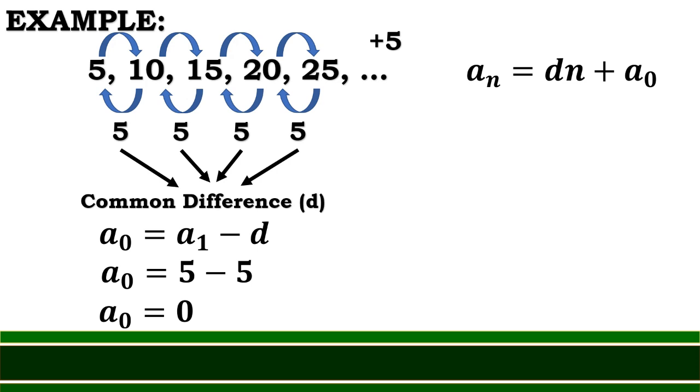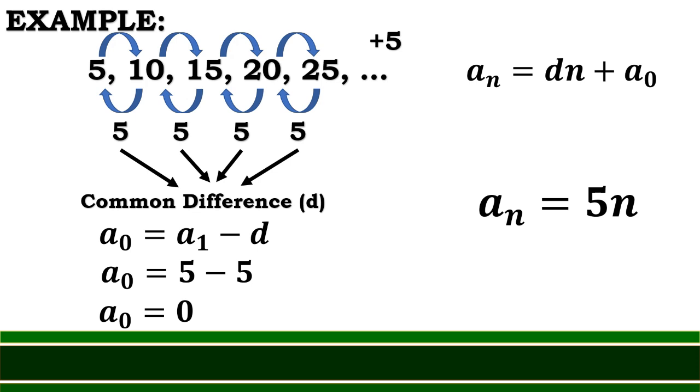Ngayon, what will be the general form for this sequence 5, 10, 15, 20, 25, so on and so forth. So the general form will be, the common difference will be 5. A sub 0 is 0, so hindi natin siya kailangang isulat. And it will become A sub n is equal to 5n.